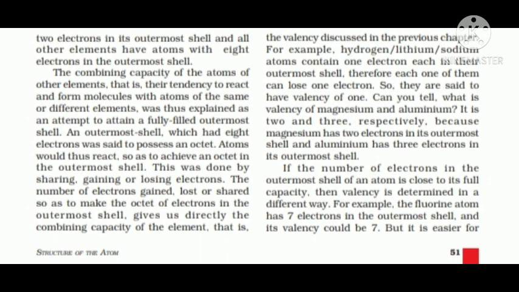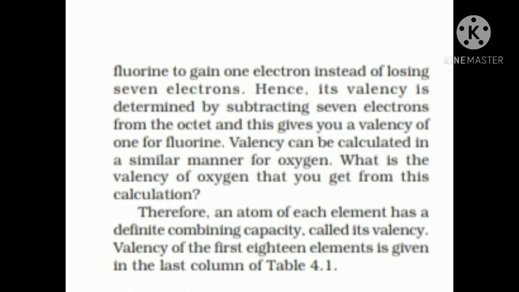If the number of electrons in the outermost shell of an atom is close to its full capacity, then the valency is determined in a different way. For example, fluorine has 7 electrons in the outermost shell, so its valency could be 7. But it is easier for fluorine to gain 1 electron instead of losing 7 electrons.